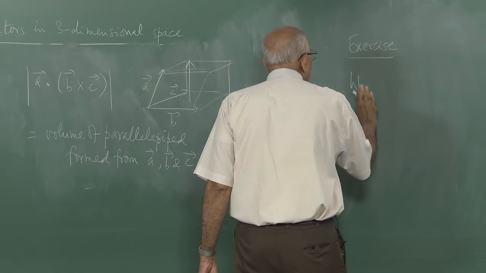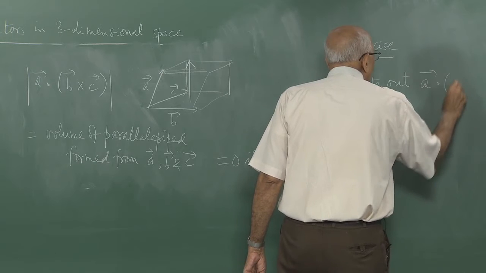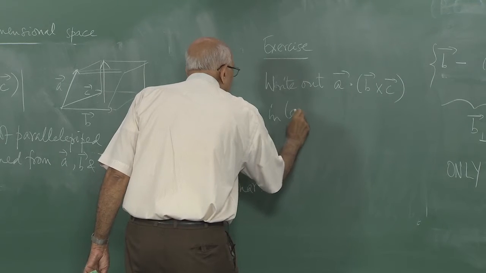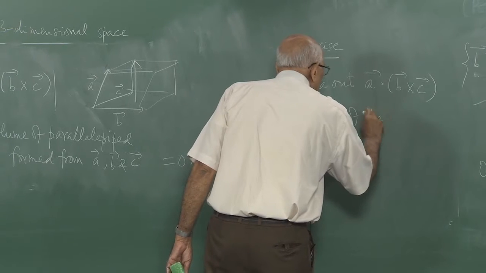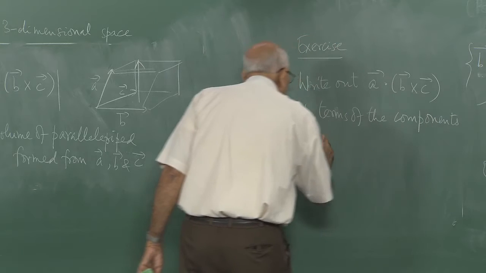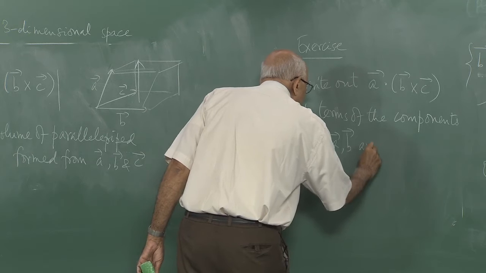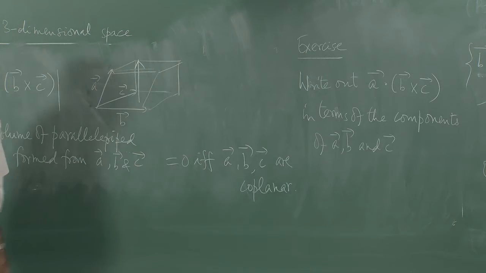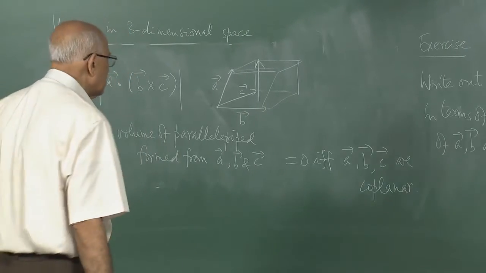Write out A dot B cross C in terms of the components.